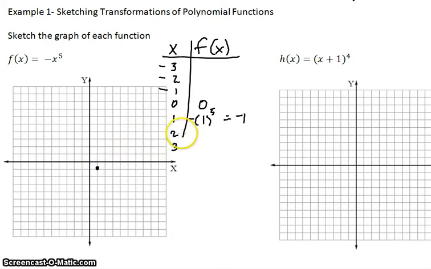Then I go to 2, I do the exact same thing, 2 to the 5th power, and then the negative of that. Well, 2 to the 5th power would be 32. So you can already see that this is completely blowing up as I get bigger and bigger with this. And if I get to the next one, I'm going to get to -3 to the 5th power, which actually goes to -243.